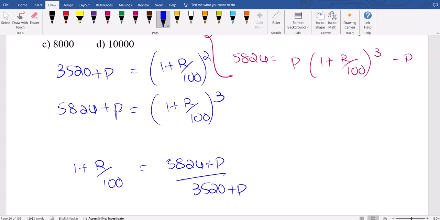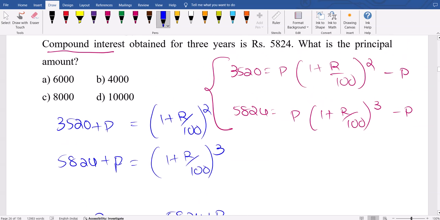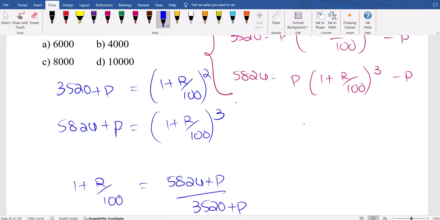Any other alternative is better, so I can try option verification only. I'm doing option verification because two unknowns, two equations will take more time, dear. Let me go with 4,000 first.